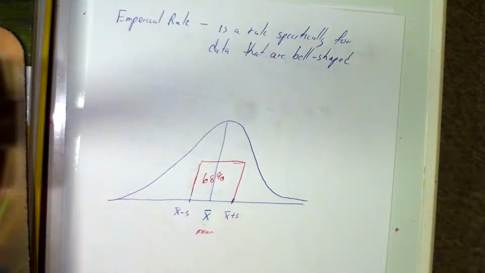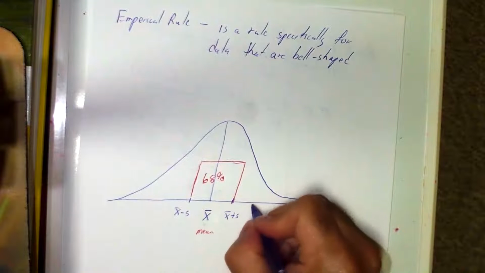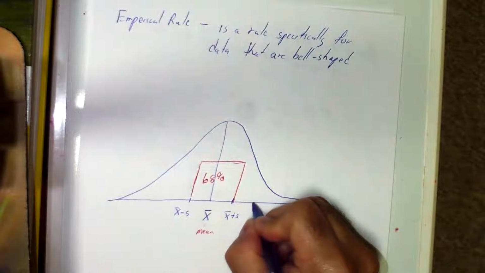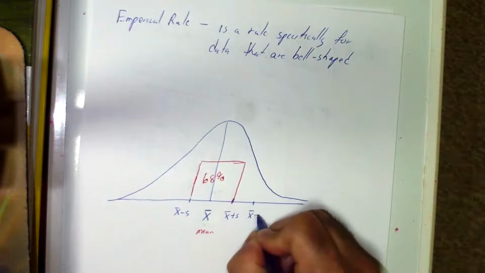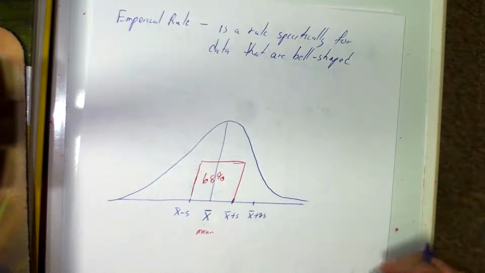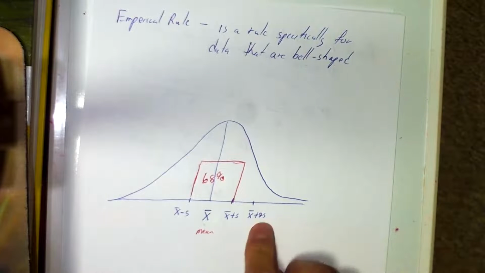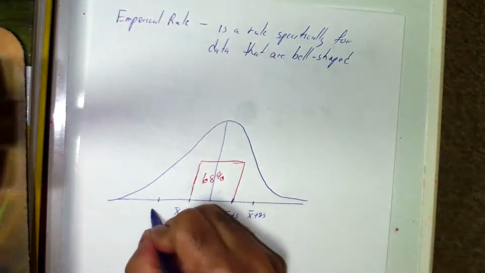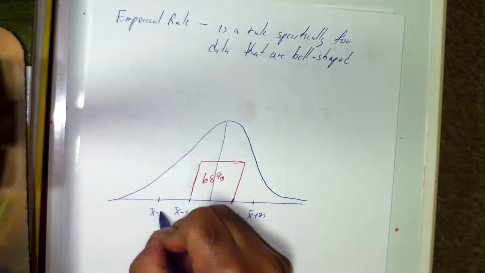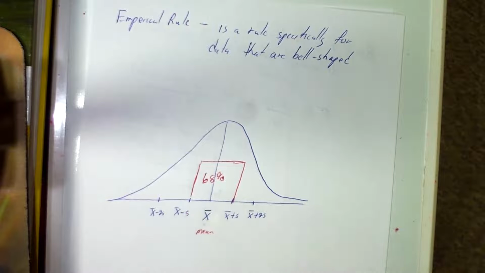If we go further and add another standard deviation, on this side it would be x bar plus 2s, and to make things symmetrical, over here it would be x bar minus 2s. Again, it's symmetrical.